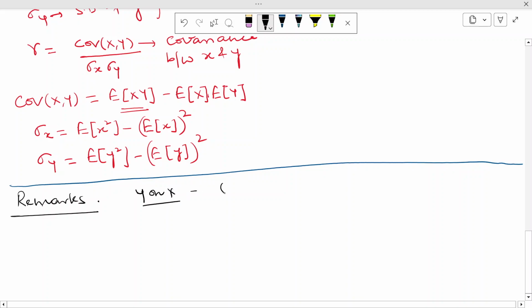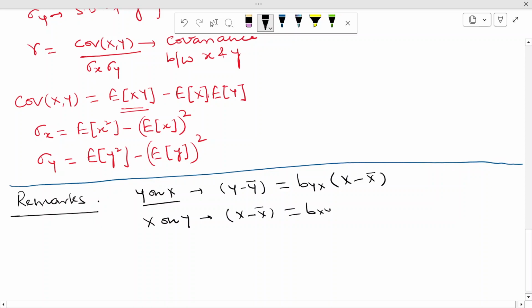So y on x has the formula y minus y bar equals byx times x minus x bar. Similarly, x on y can be written as x minus x bar equals bxy times y minus y bar.